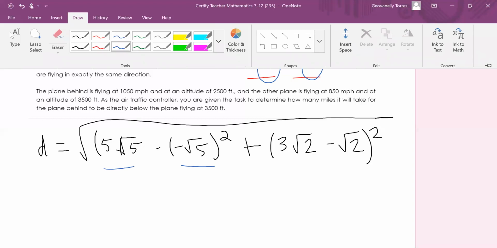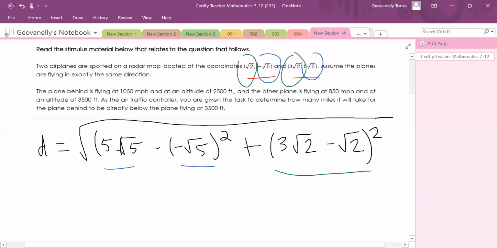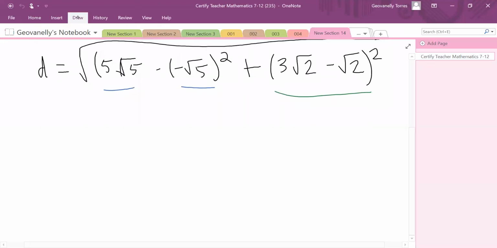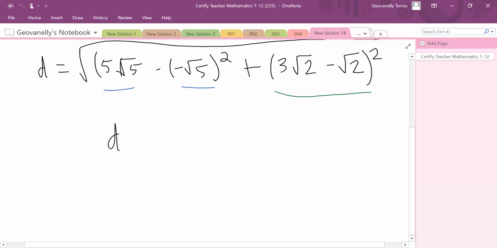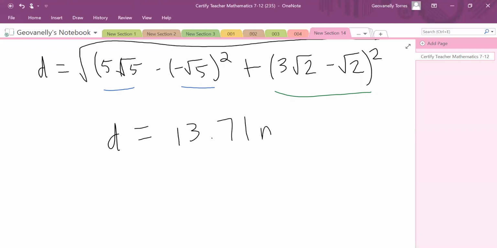And these are our x's, which are right here. So after we input this in our calculator, we get that our distance is 13.71 miles.